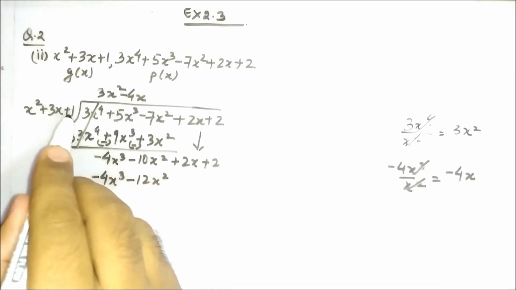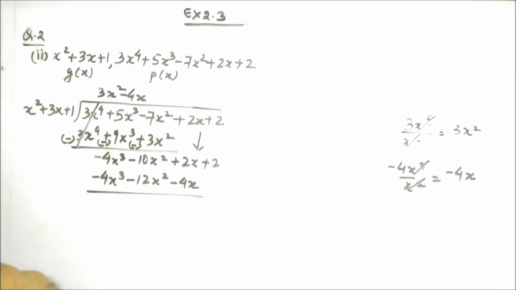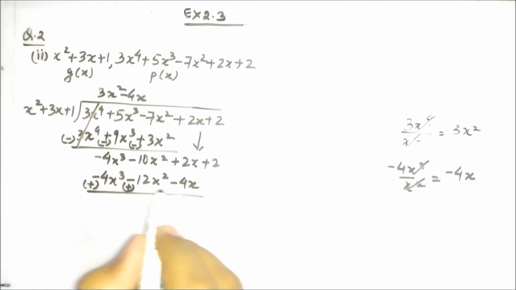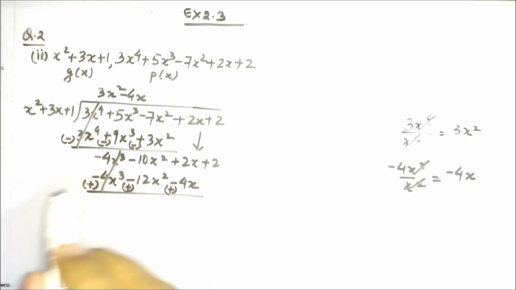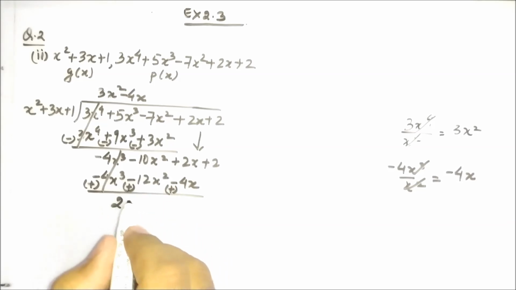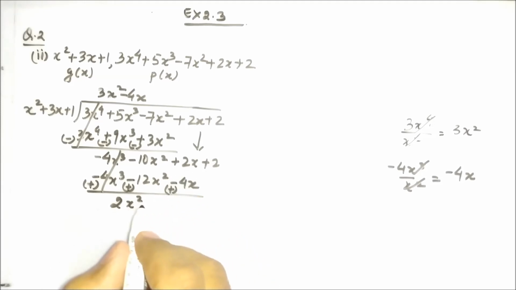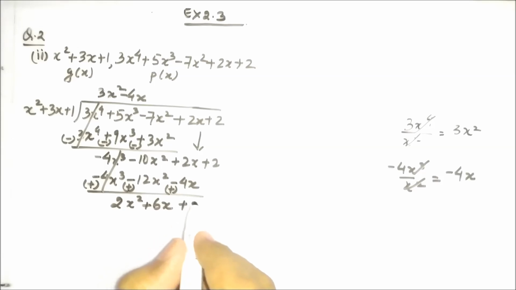Minus 4x into plus 1 will give you minus 4x only, like this. Again subtract, so you will change the sign here. This sign will get changed. This will get cancelled. Minus 10x square plus 12x square will give you plus 2x square. Plus 2x and plus 4x will give you plus 6x, and plus 2 will come down here.